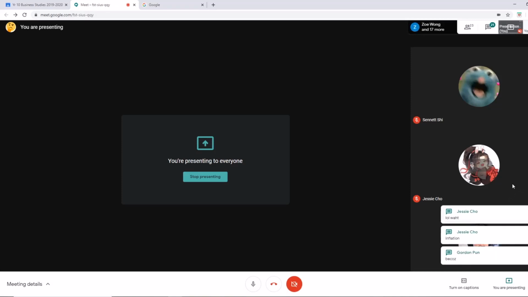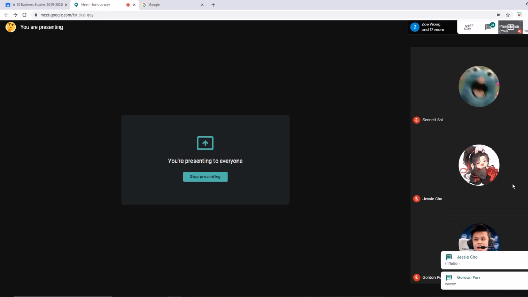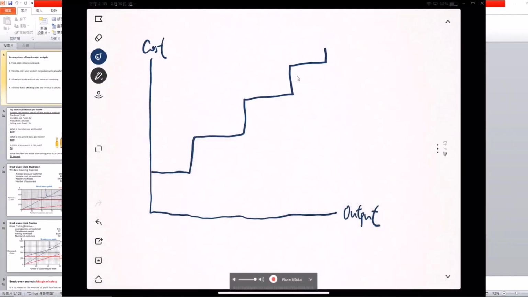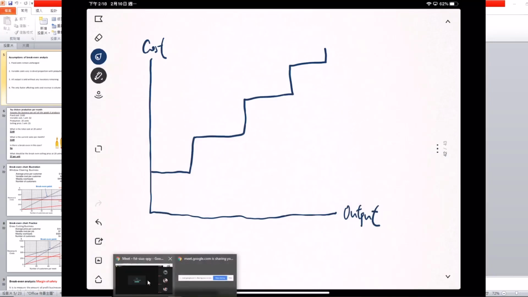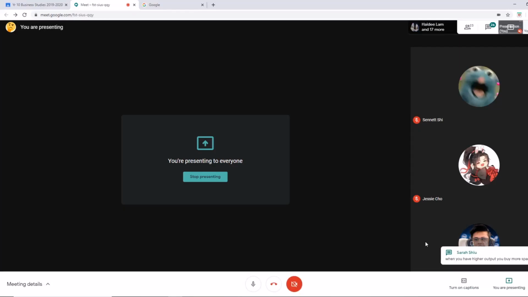No. Come on, think about this. Let's use the same example, the rent. Gordon, you're having the correct idea. Yes, you need more space.